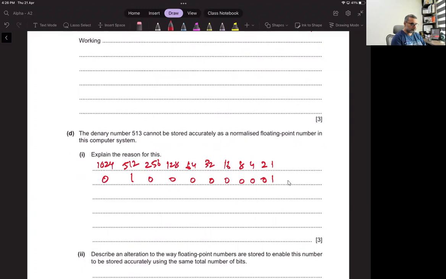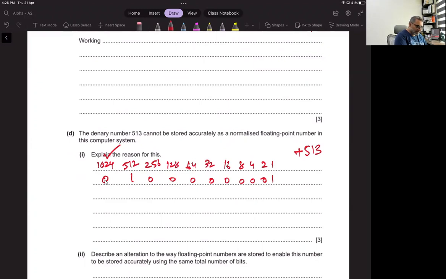So for 513, we have to have 1024. Okay, so this 513 is not minus 513, this is plus 513. So we have to have another bit. So how many bits do we need? 1, 2, 3, 4, 5, 6, 7, 8, 9, 10, 11. We need 11 bits to accommodate plus 513, and we have got 10 bits.